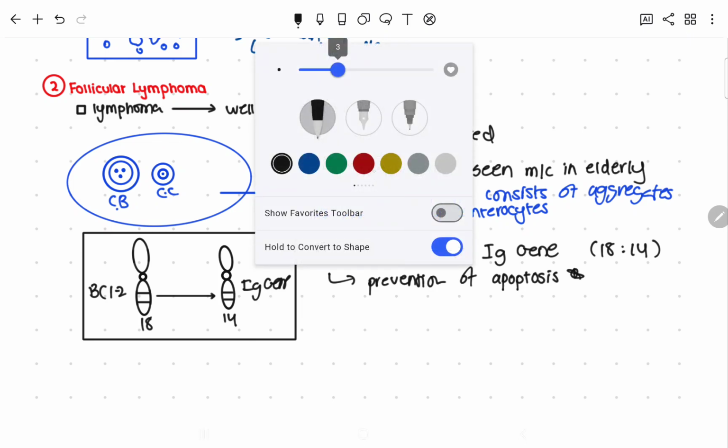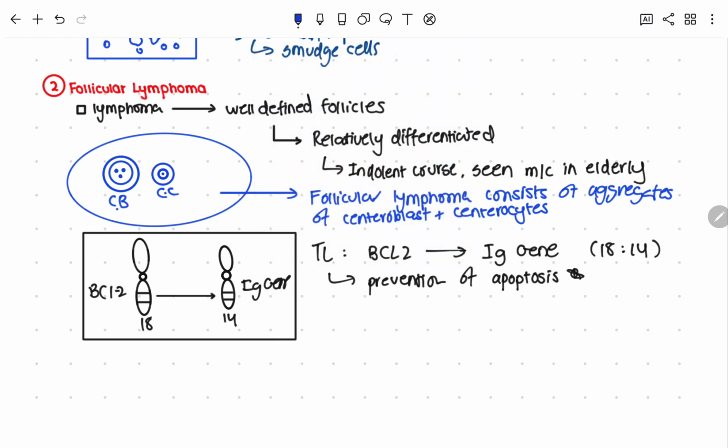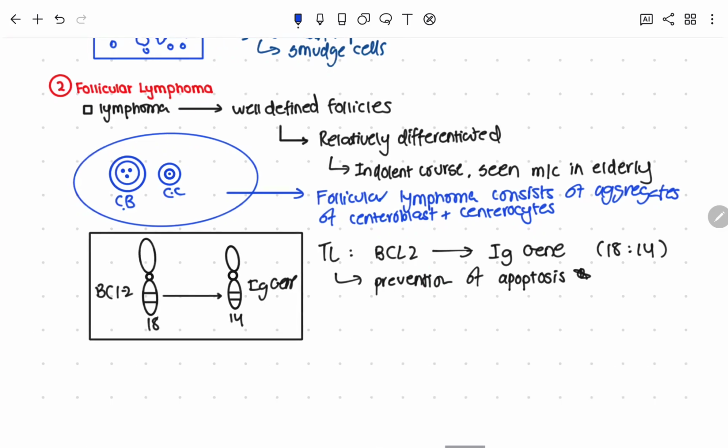So one question you may be asked is how do you differentiate a reactive secondary follicle from a follicular lymphoma?